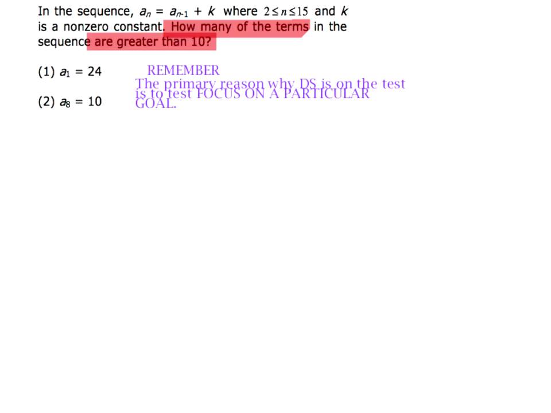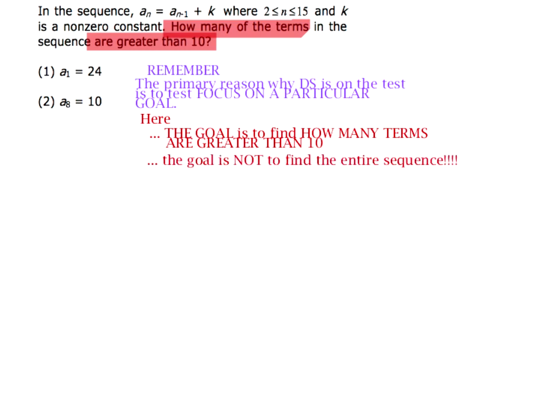The goal is not to find the entire sequence. If you think you're trying to find all the numbers in the sequence, then you are basically ignoring what the problem says, and that is a bad thing.